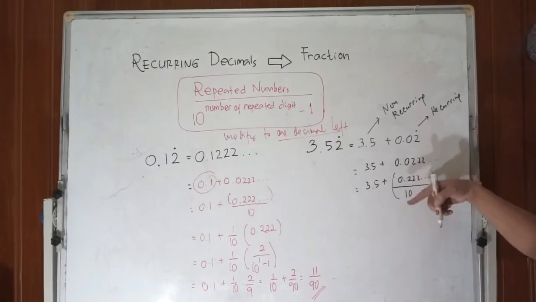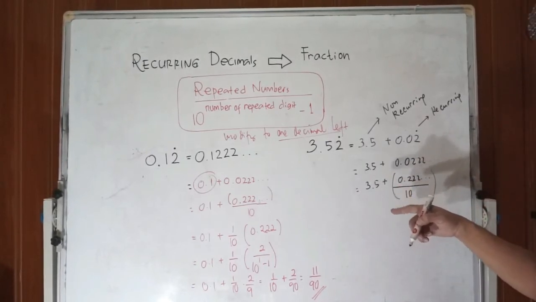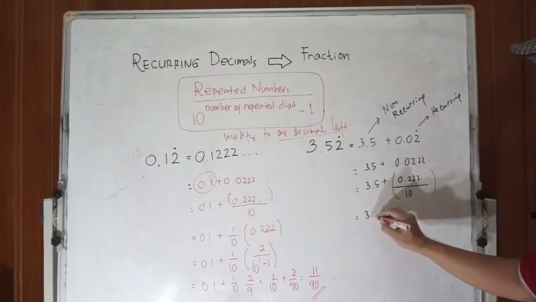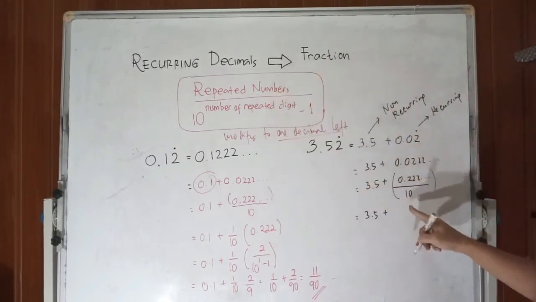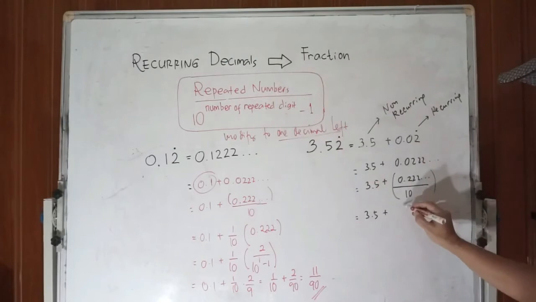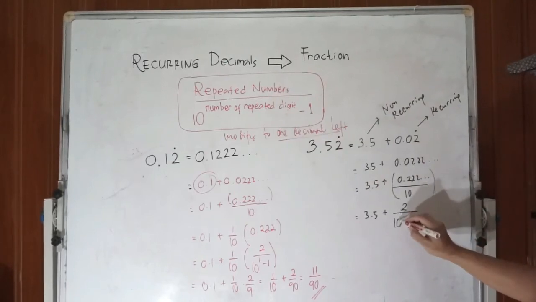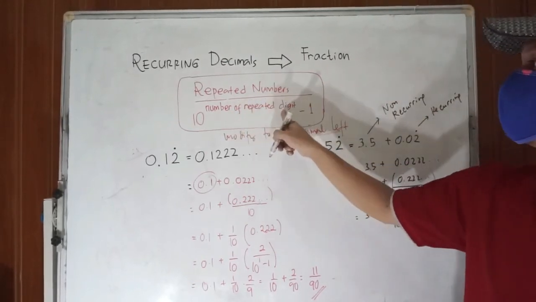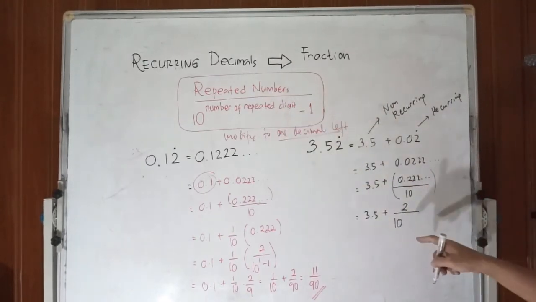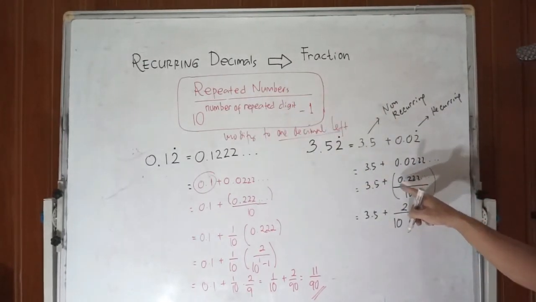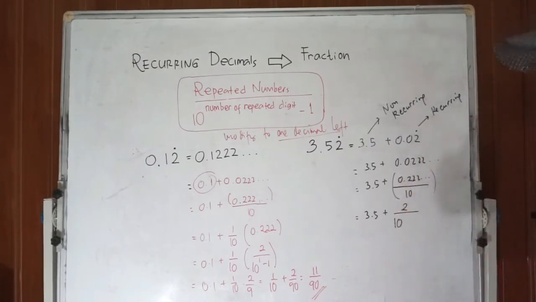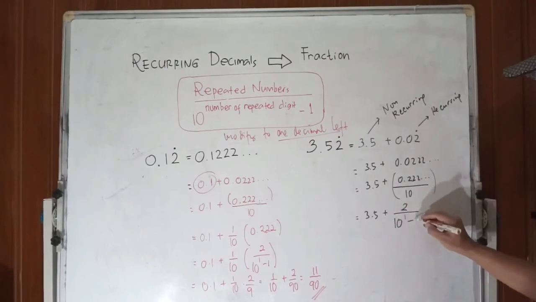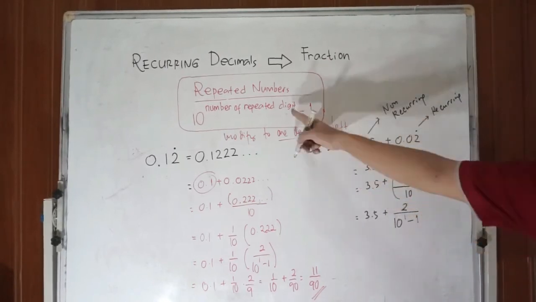So the value is constant, no change actually for the value. So 3.5 plus, follow the formula, the repeated number is 2, then 10 power the number of repeated digits. How many digits are repeated? Only one digit, right? 2. So only one digit, 10 to the power 1 minus 1. That's the formula.